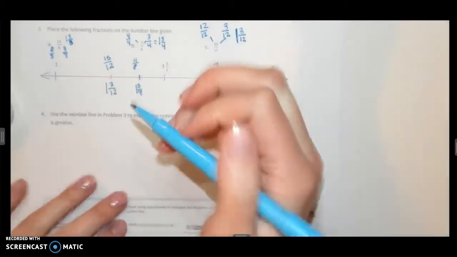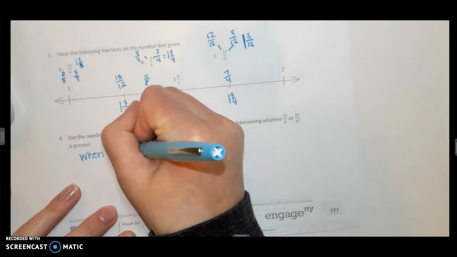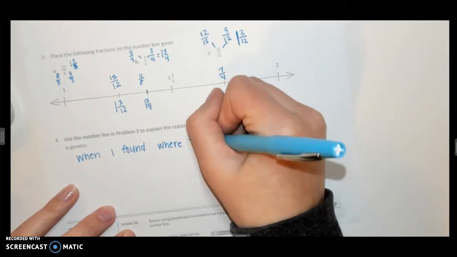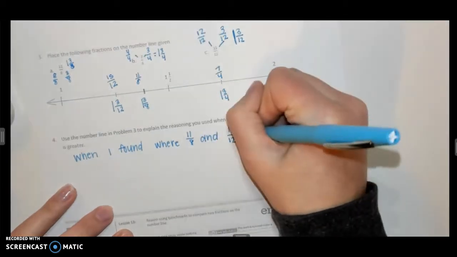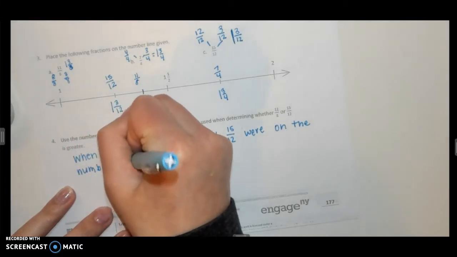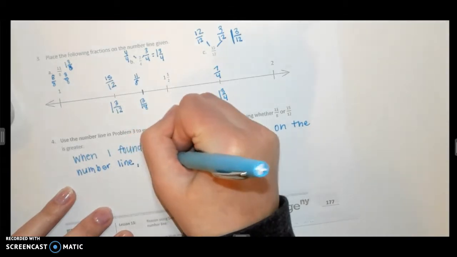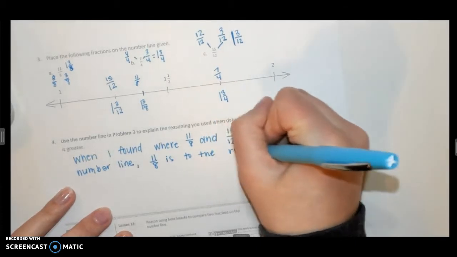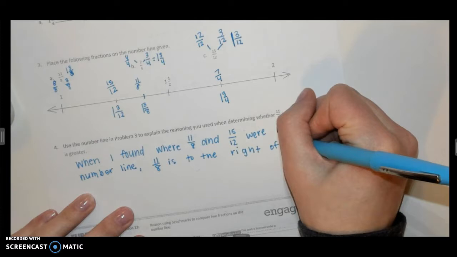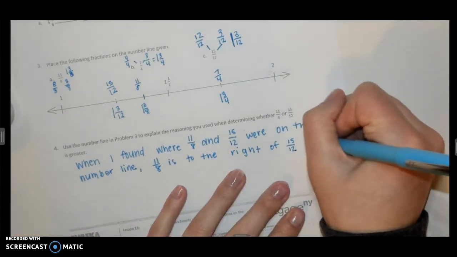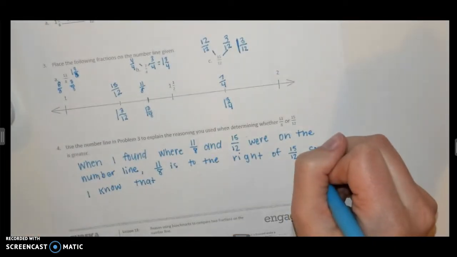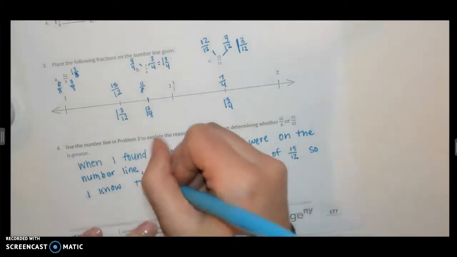And I know that because when I found where 11/8 and 15/12 were on the number line, 11/8 is to the right, which means on this side, that way, of 15/12. So I know that 11/8 is greater.